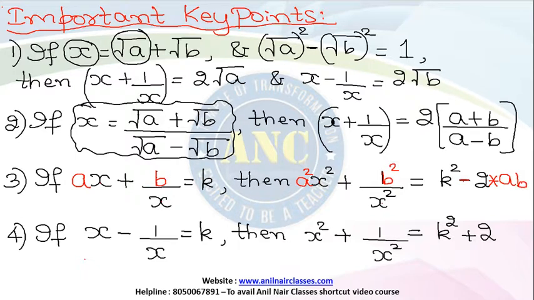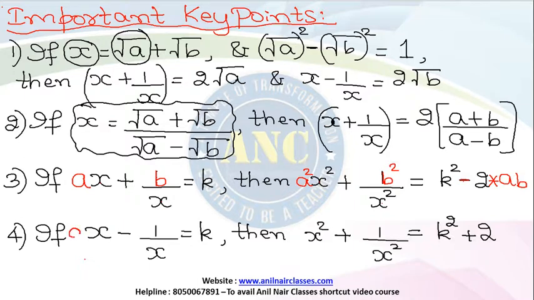That means a very simple way of remembering: whenever the coefficients of x and 1 by x are not equal to 1, take that k square minus 2 that you got, take the number 2, and multiply that 2 by whatever coefficient of x you have and whatever coefficient of 1 by x you have. Simple, you don't need to remember it separately and waste your time.